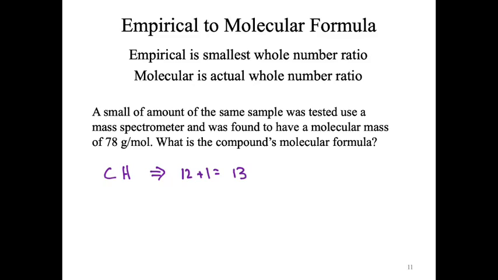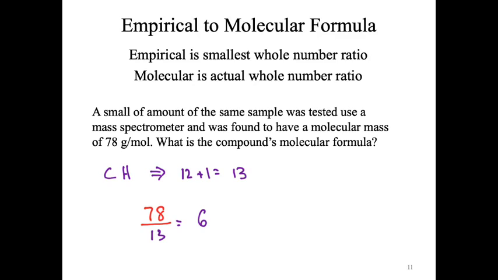The molecular compound has a mass of 78. So what did I tell you to do next? Divide it by 13. This tells me the multiples of 13. It's 6. Exactly.